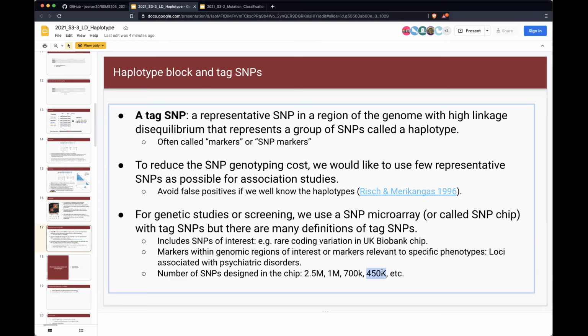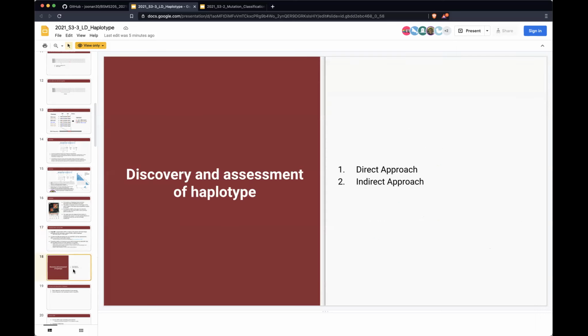After that, lots of companies came up and developed SNP arrays, which can look at 450K SNPs or 700K SNPs. Nowadays, people look at around 2 million SNPs in our genome. And we also have a better situation, where we can look at all possible SNPs in our genome using genomic sequencing technology.